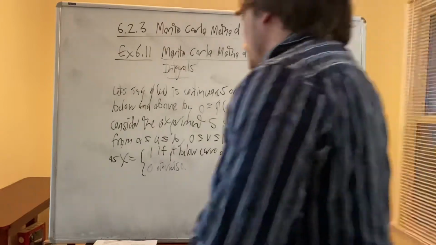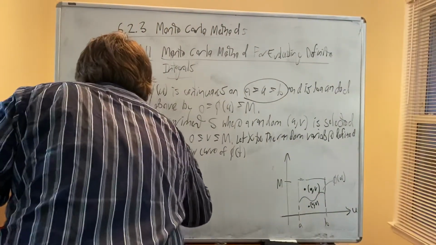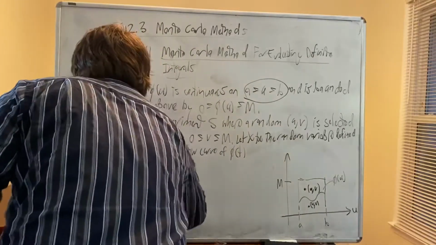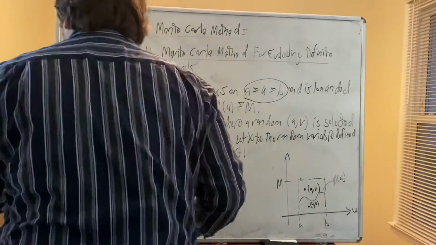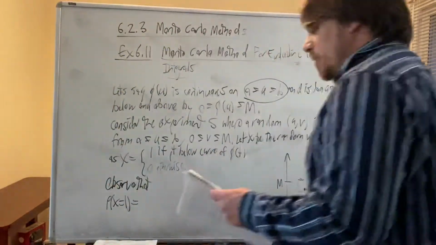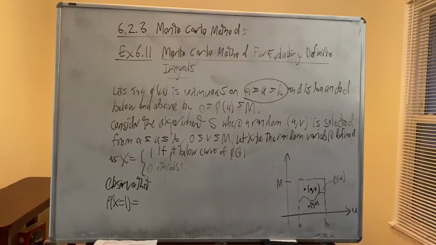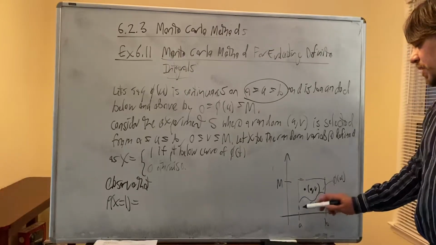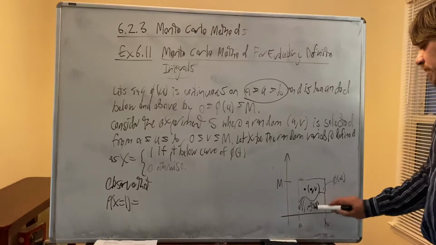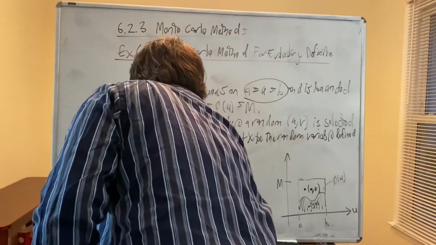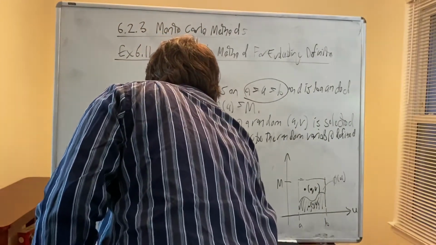So let's observe that the probability that X is equal to 1 is, well, what are the chances that the point is below this curve? It's just the area underneath that curve. And what is the entire space we're considering?